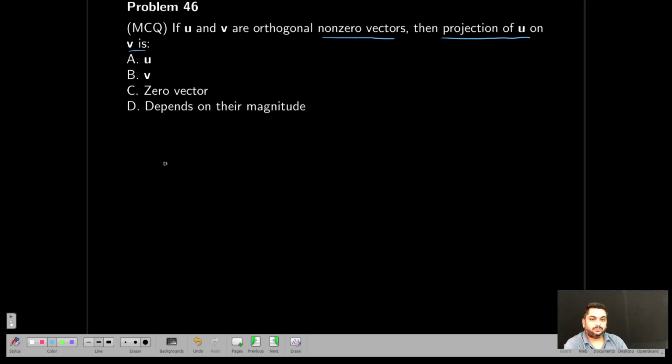Then the projection of u on v belongs to some column space W. So this is how you find it: v into (v transpose v) inverse into v transpose. Okay, this is the projection matrix, into u, the vector I want to project.